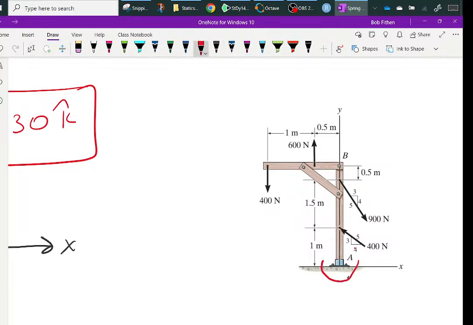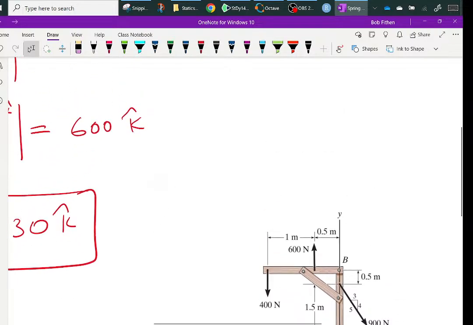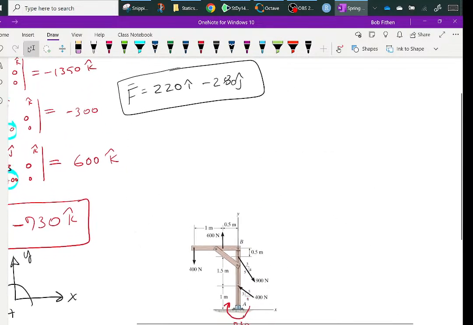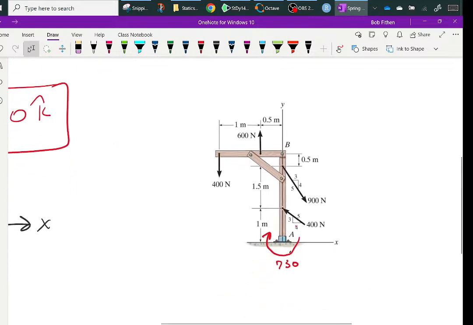There you go, 730. And then 220 and minus 280.